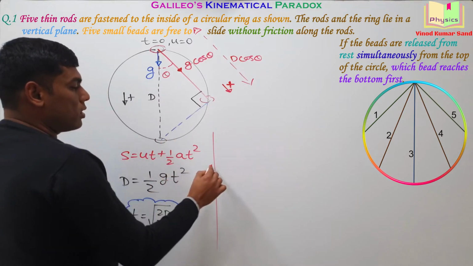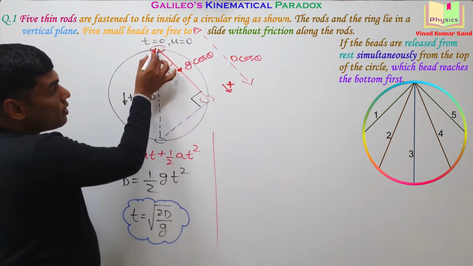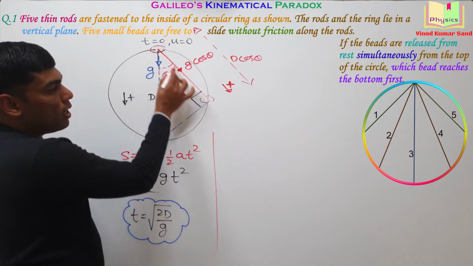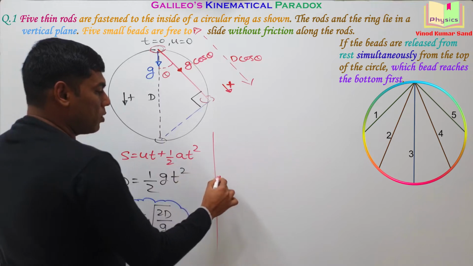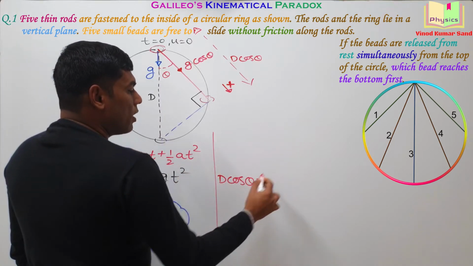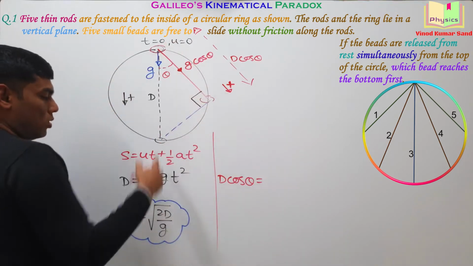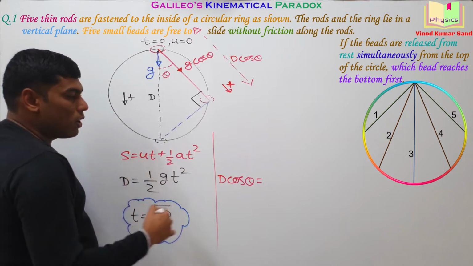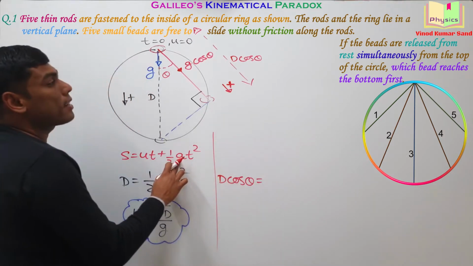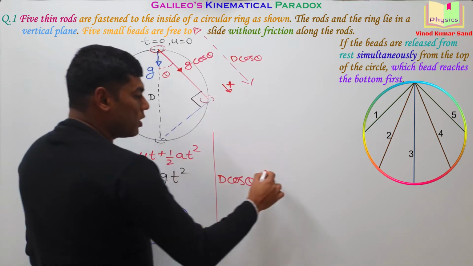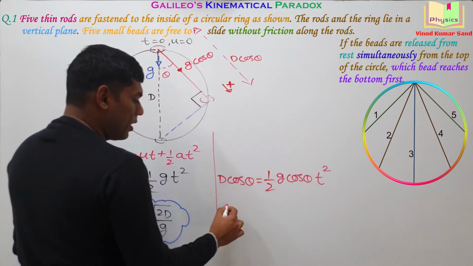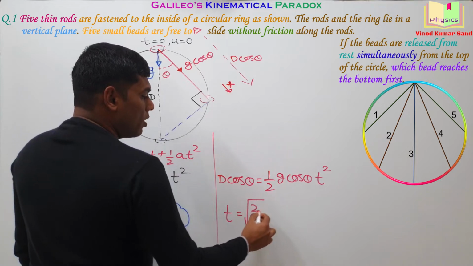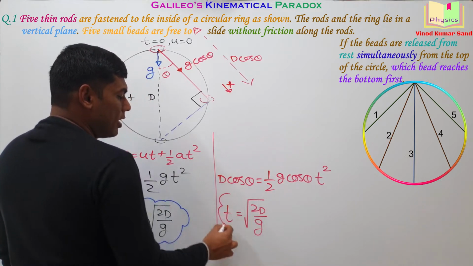The displacement of the bead along this direction is d cos theta, which is equal to u part, which is 0 since the initial velocity is 0, so leave that, and acceleration is g cos theta, so half g cos theta into t square. t comes out to be root 2d by g.